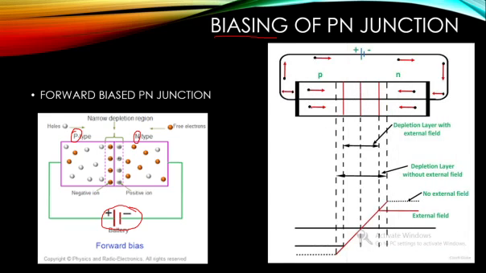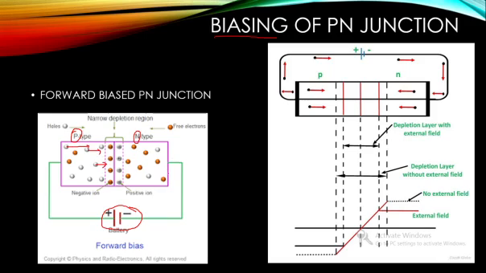Here you can see that as we connect the positive to the p region, which has holes, and holes are positively charged, they will be repelled by the positive charge. So these holes will move towards the junction.